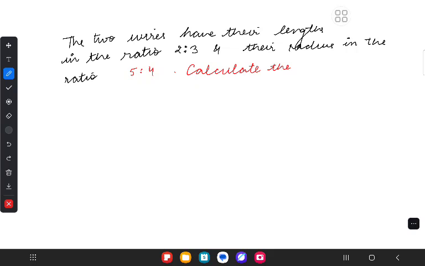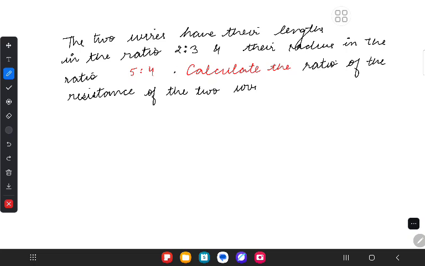Calculate the ratio of the resistance of the two wires. Yes or no?